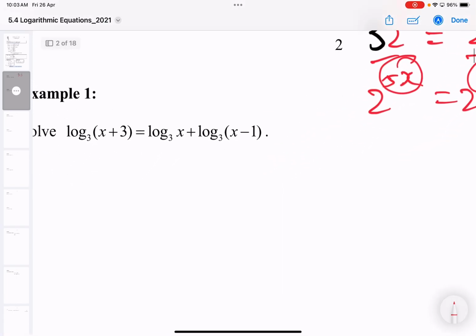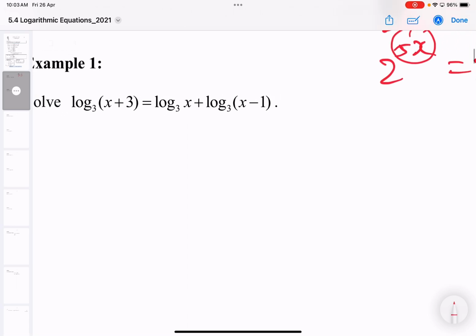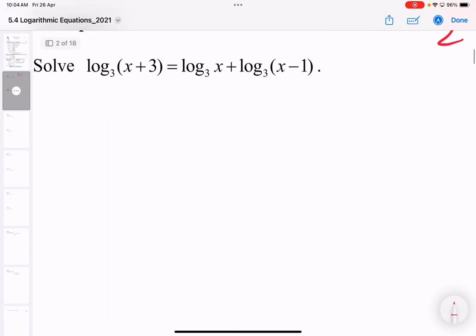But for logarithms, it's really the same thing. It's the same but different. What we are going to do is combine the logarithms into one single log, one on the left, one on the right. And then we are going to compare them. So when I look at the question over here, I see that this is base 3, this is base 3, everything is base 3.